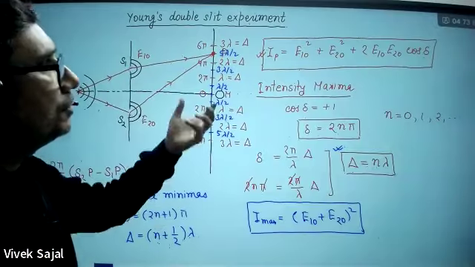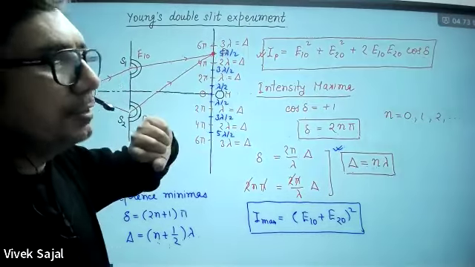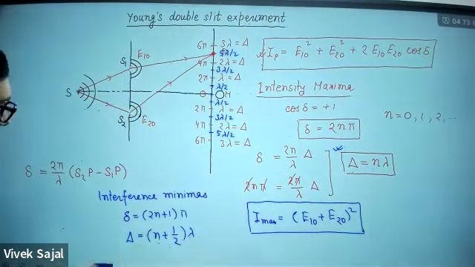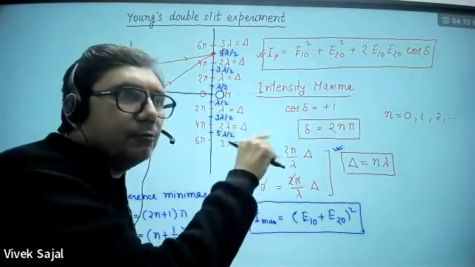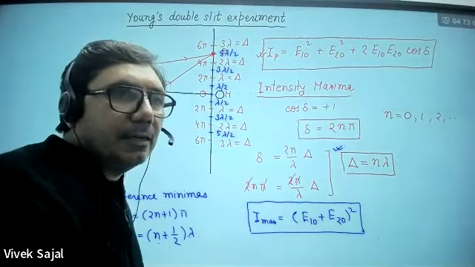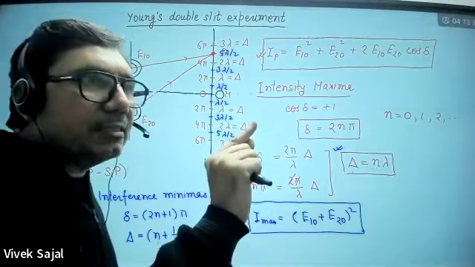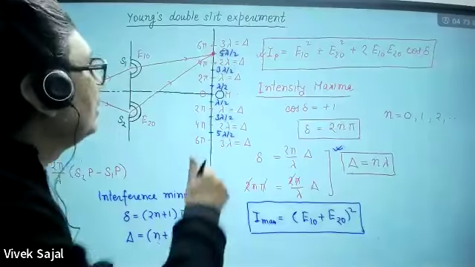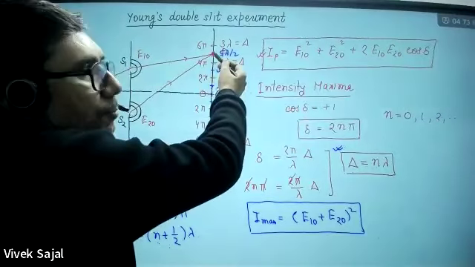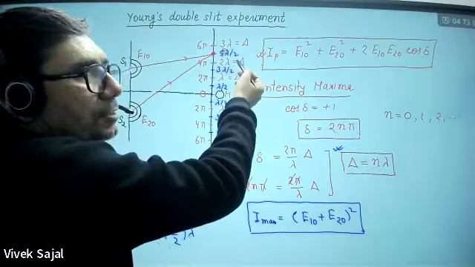Now, suppose this delta is not constant, as in whatever formula they have written, omega 1 minus omega 2 times t and so on. It means that delta is going to change, so the intensity at this point is going to change.